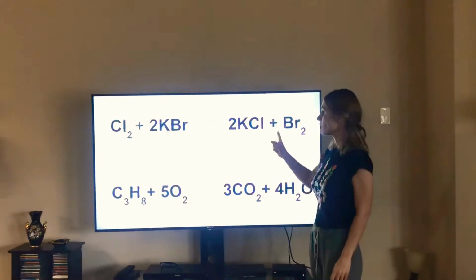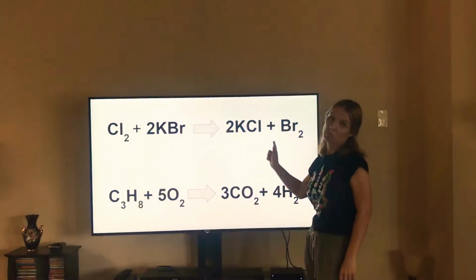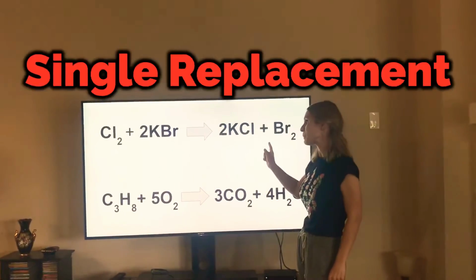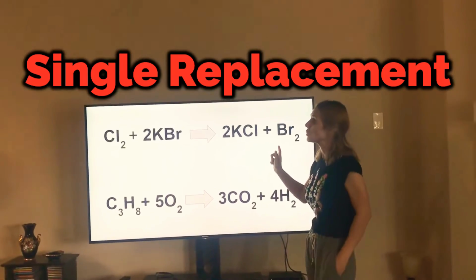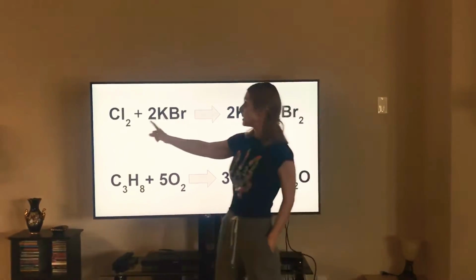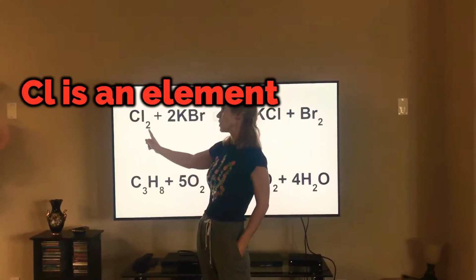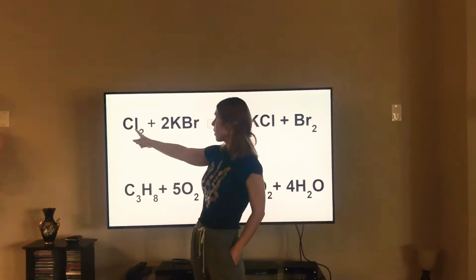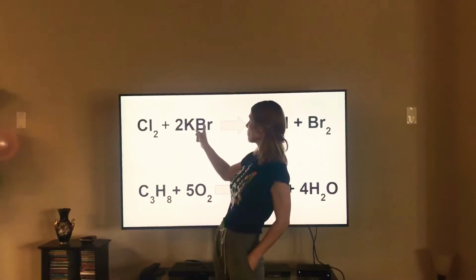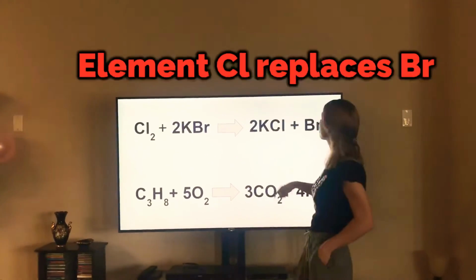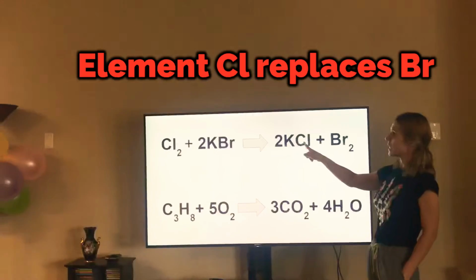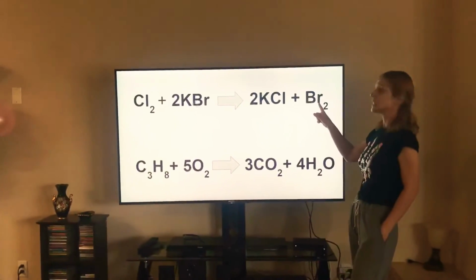However, this is a replacement, but it's not double replacement. It's a single replacement because I told you what to watch for. This is not a compound, this is an element. Single element, ignore this too. It is just chlorine. What chlorine does, it takes the place of this Br, and look what you have over here: Cl instead of Br, and Br is single.